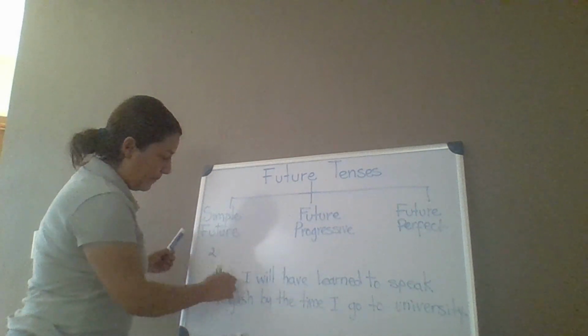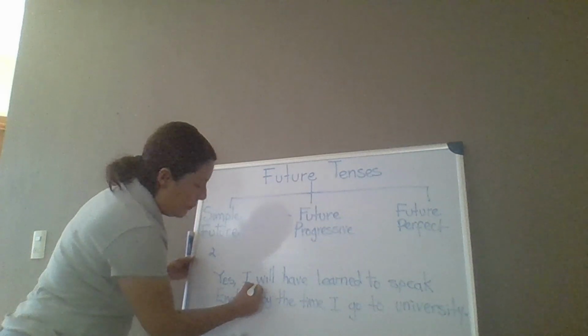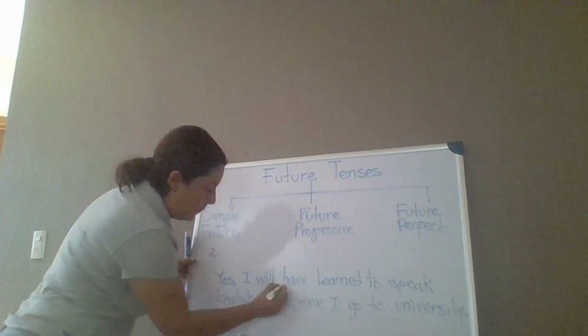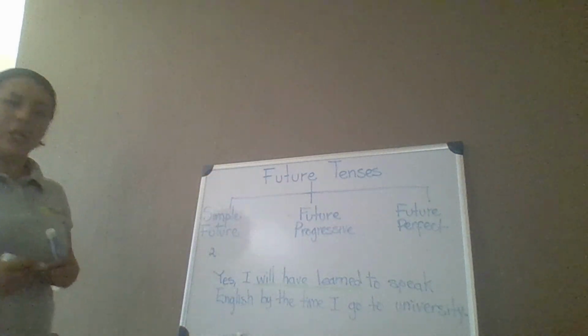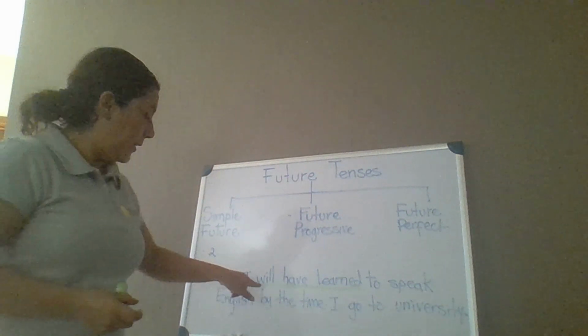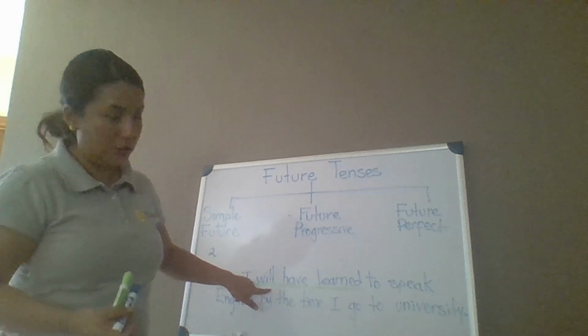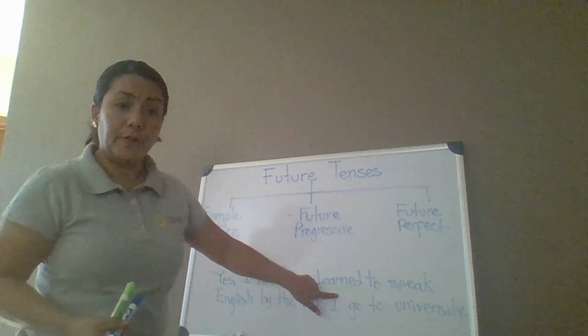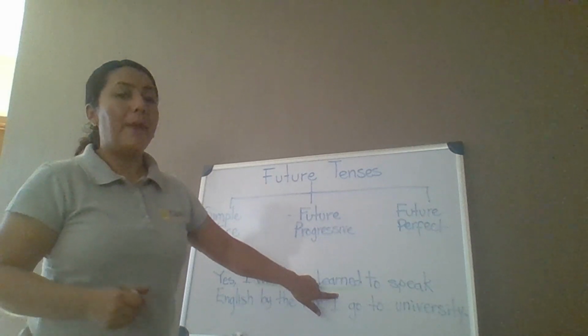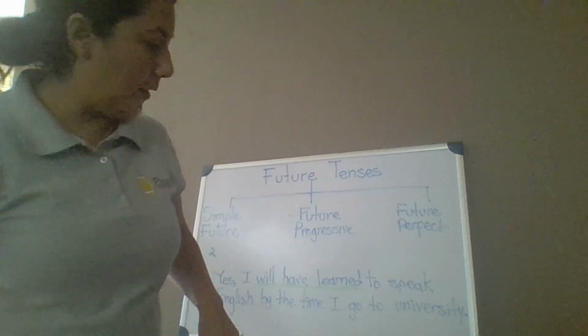It says I, but then the verb says will have learned. We need will, which is future, auxiliary have, and a verb in past participle. Okay, let's see. Look at the book.